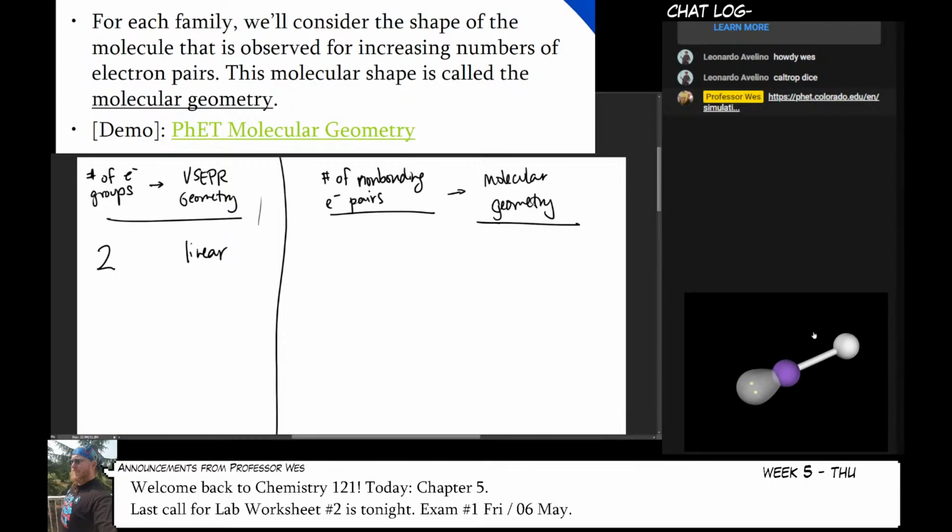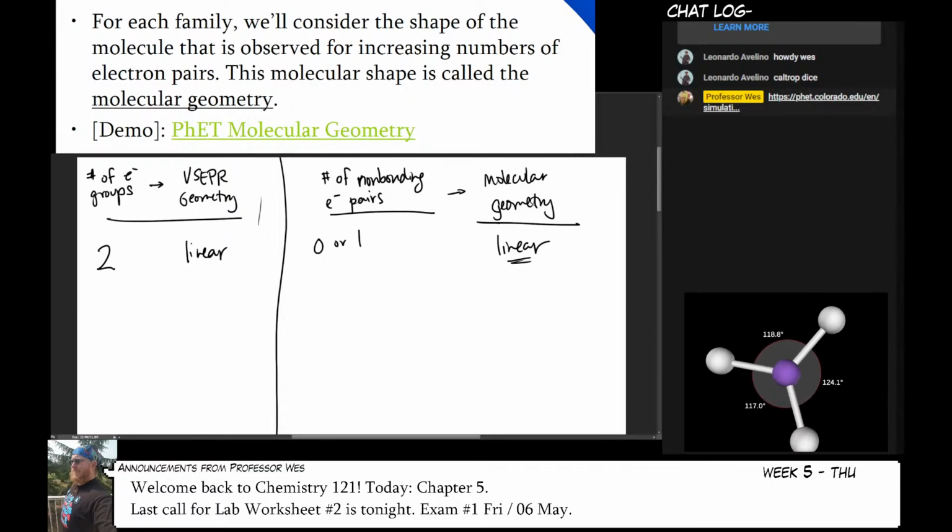Everything is in a line. I'm going to put this on the screen to show the bond angle. So no matter whether you have 0 or 1 non-bonding pairs around it, the result is still going to be linear.